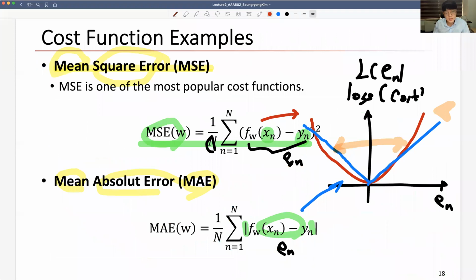But as you can see here, the previous cost functions, when you think about the large mistake and very large mistake here, they didn't consider these two kinds of errors equally, right?